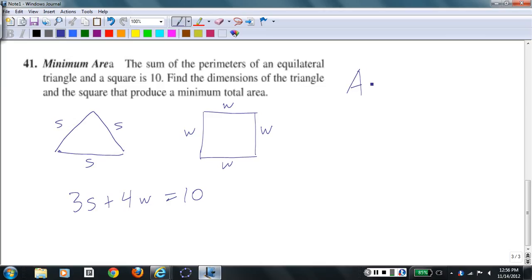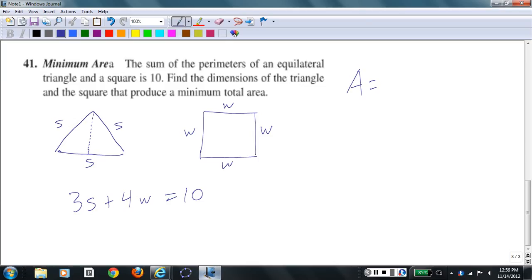So the area equals the area of the equilateral triangle. When I was in 10th grade, wasn't it width times height divided by 2?